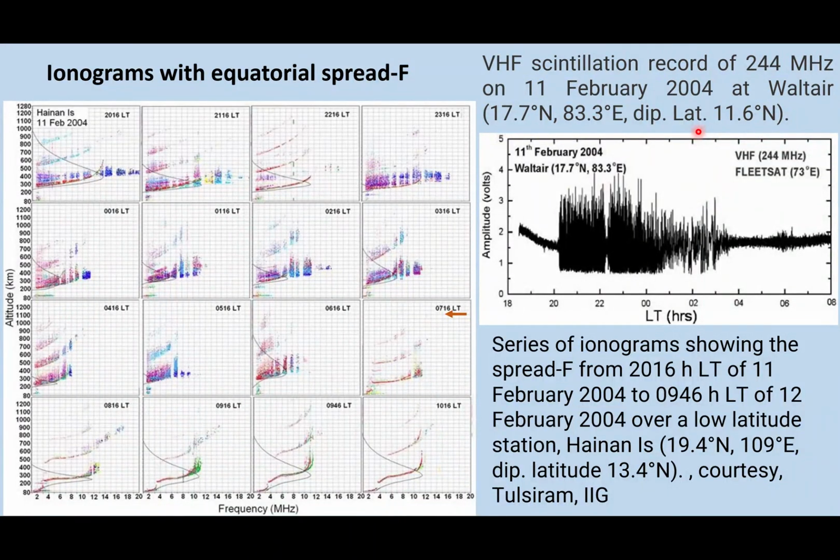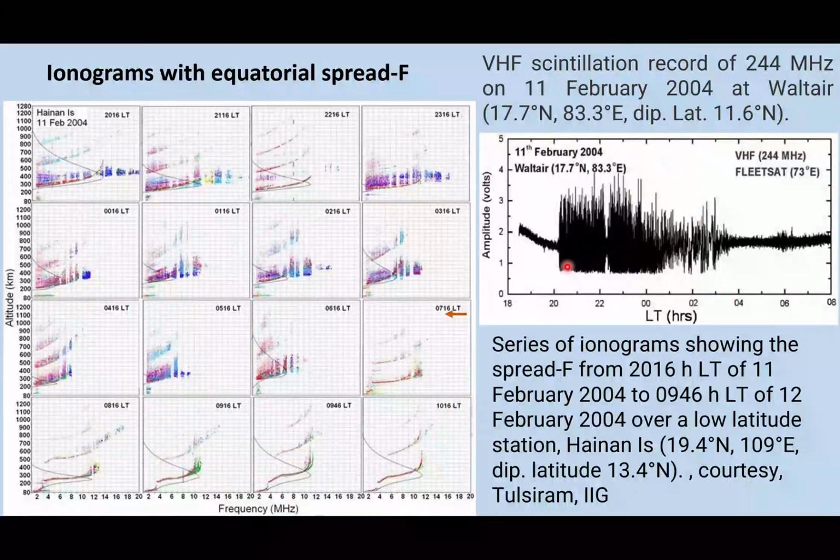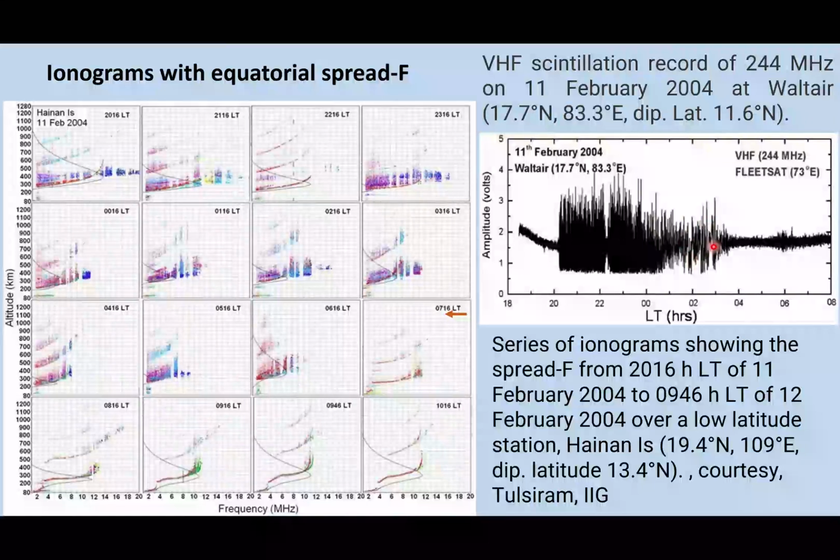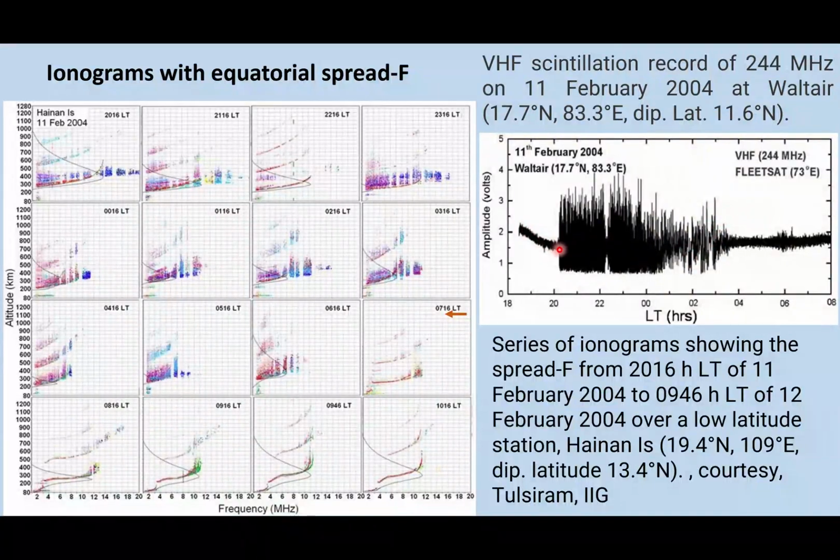But while traveling through the ionosphere, because of the presence of these plasma irregularities, the signal does not have a steady or constant value, but it starts fluctuating.